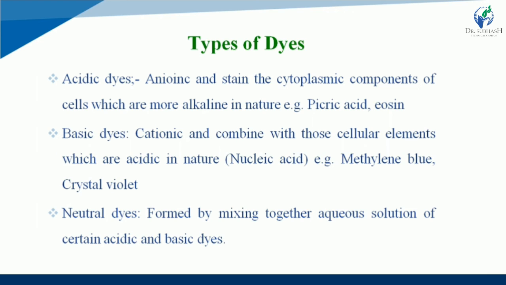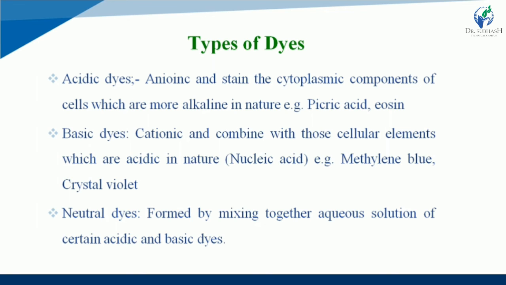So a basic dye is cationic, that is positive charge, and it combines with those cellular elements that are acidic in nature. For example, basic dyes combine with nucleic acid, which is acidic in nature.